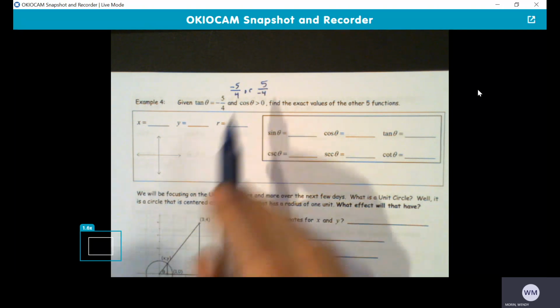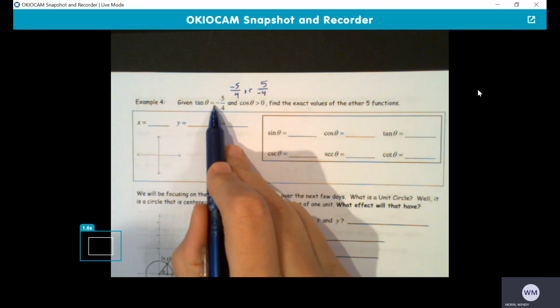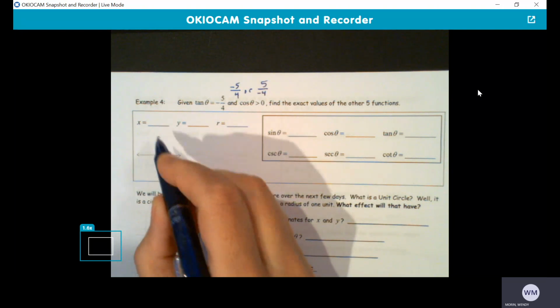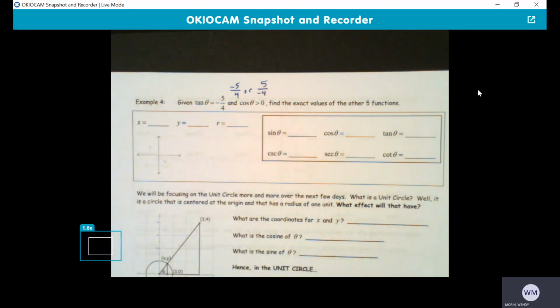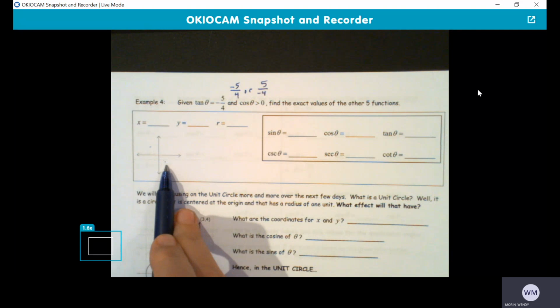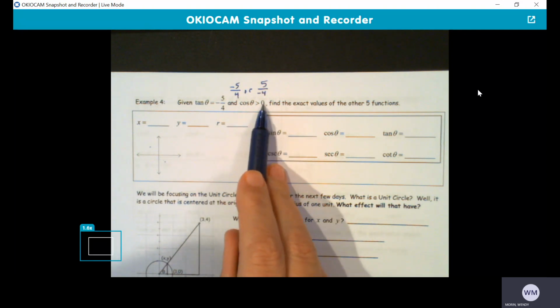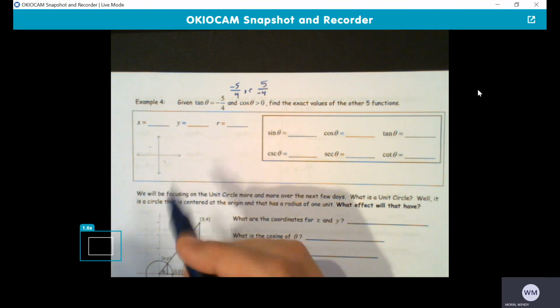Well, where is the tangent negative? The tangent is negative here and here, second and fourth. But where is the cosine positive at the same time? That would be right here.